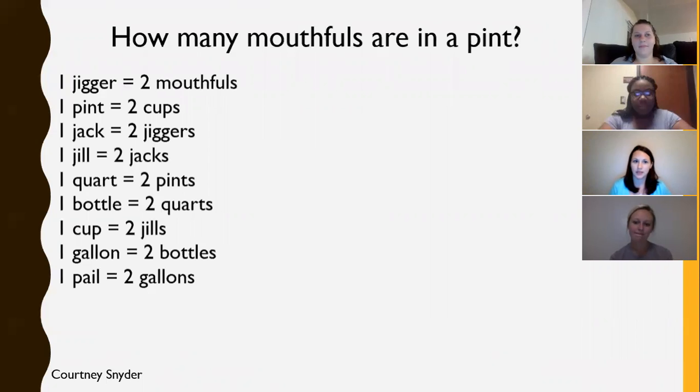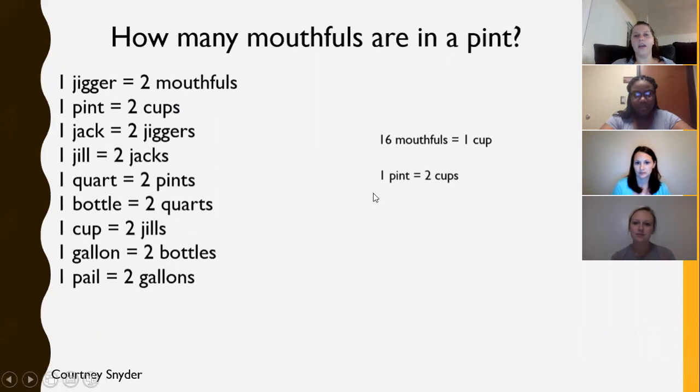Okay, Courtney, how many mouthfuls are in a pint? Thank you for that question. Using the given things we have over here on this side, we can figure out how many mouthfuls are in a pint. We start with 16 mouthfuls in 1 cup, and 1 pint is equal to 2 cups.